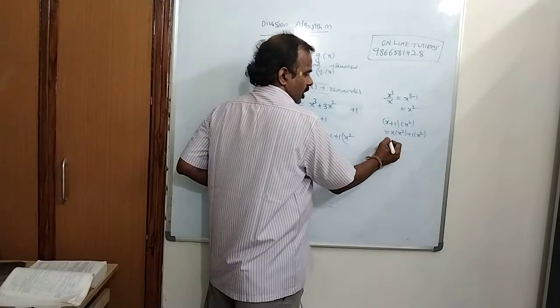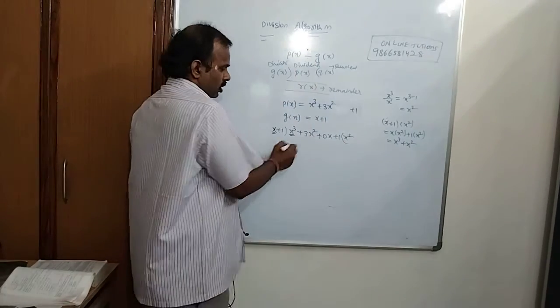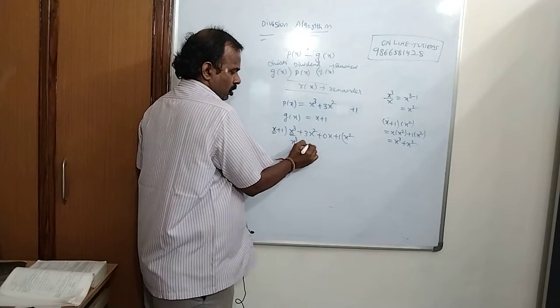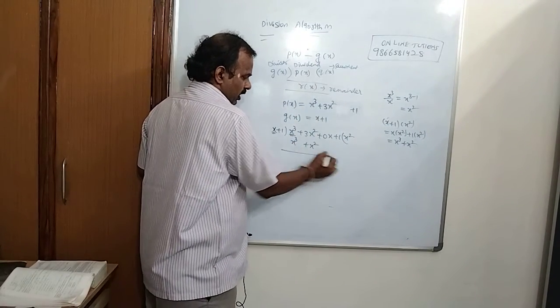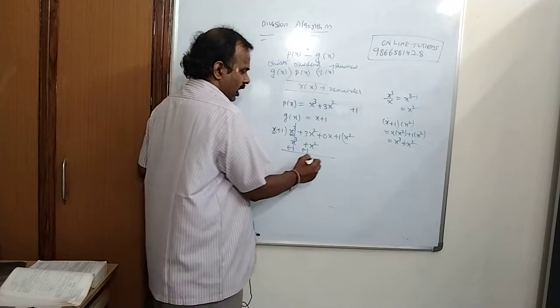So x into x square is x cube, plus x square. Write here x cube plus x square. Here it is minus, these two will get cancelled.